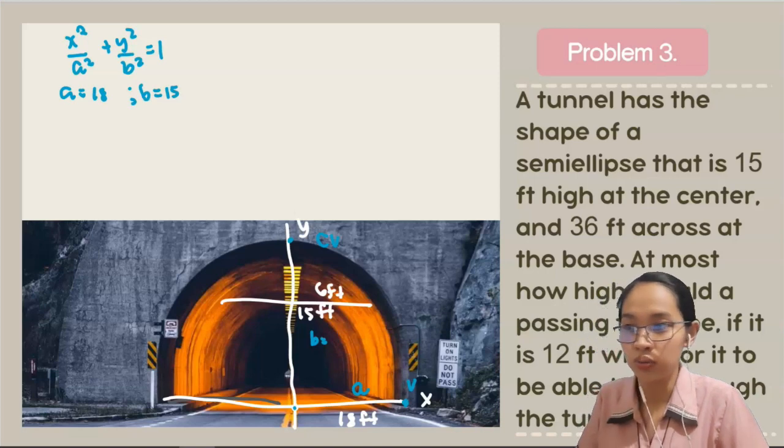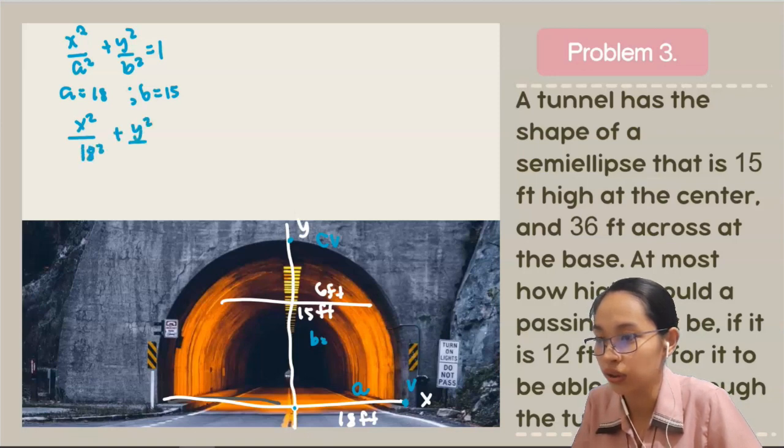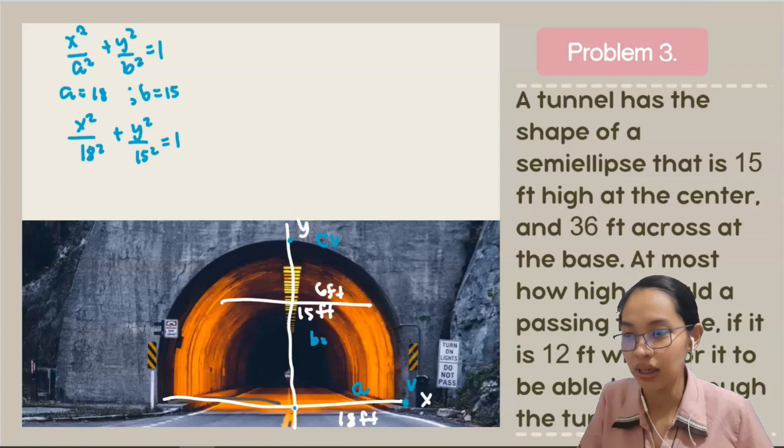Substituting our values in the given general form, that is x squared all over 18 squared plus y squared all over 15 squared is equal to 1. So that is your equation for the semi-ellipse.